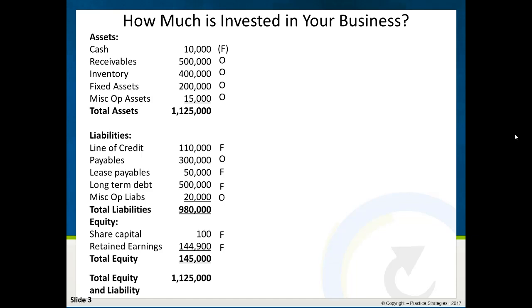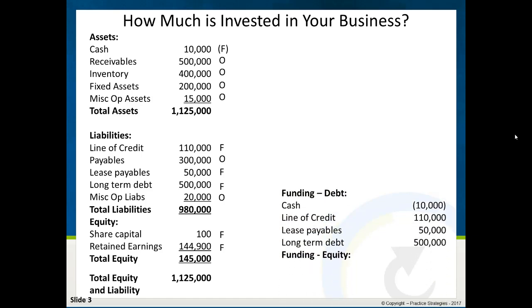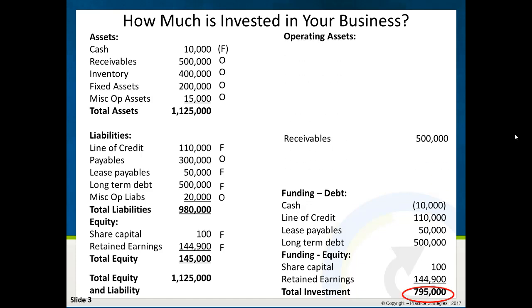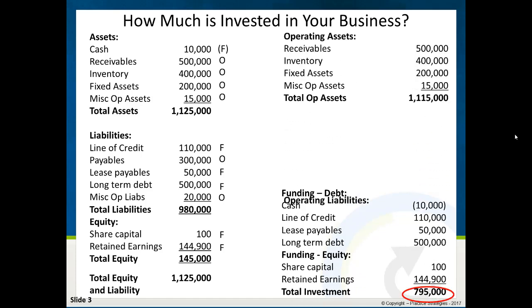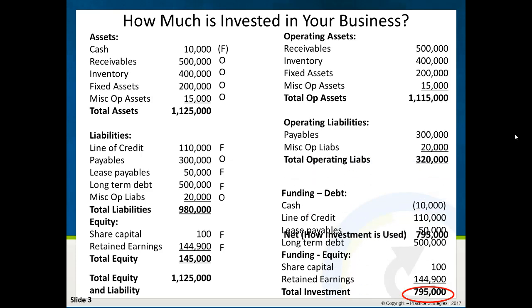It is treated as an offset to a debt balance. Once we have done our allocation, we can simply draw together the funding components and total them. And to ensure that the balance sheet still balances, draw together the operational components and total them.